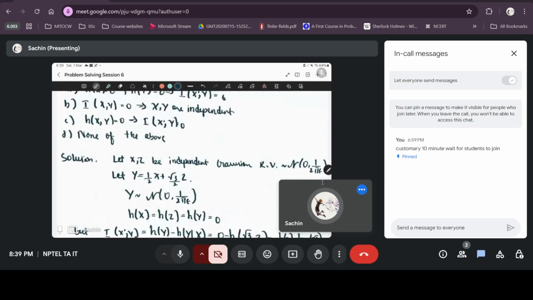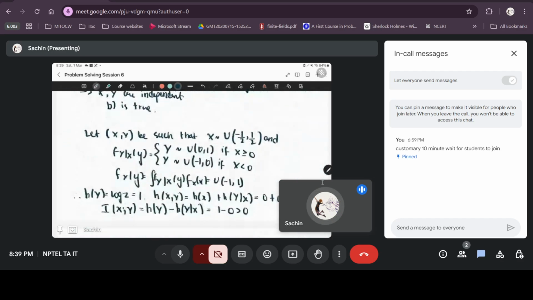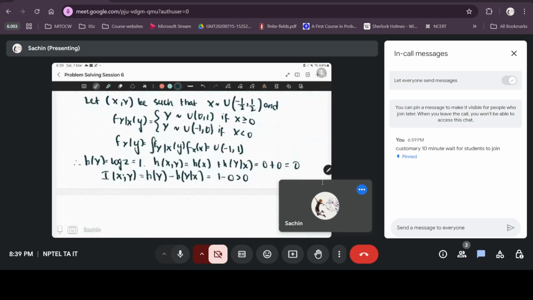So option C is also false. H of x comma y is 0, but I of x comma y is greater than 0. C is false.